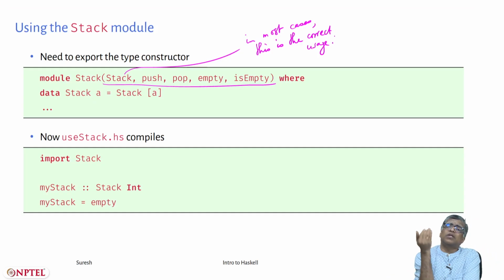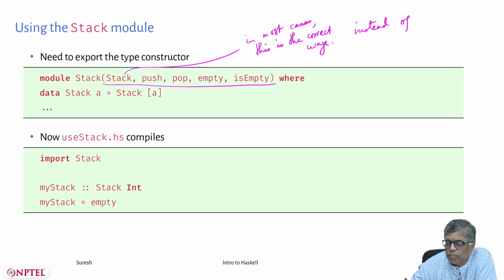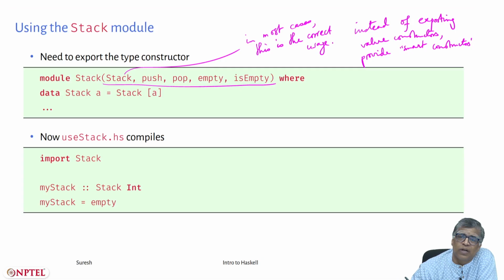Because you don't want to explicitly export the value constructors, rather you should provide what are called smart constructors instead. What are smart constructors?